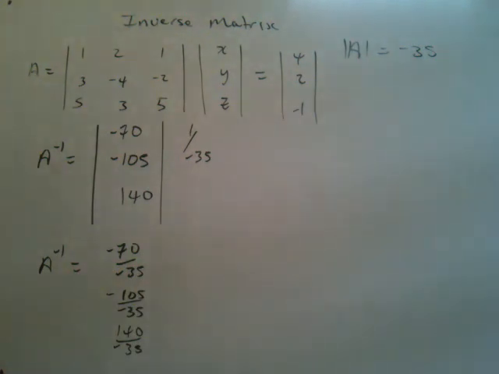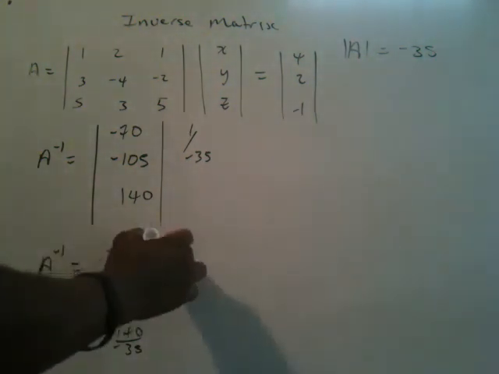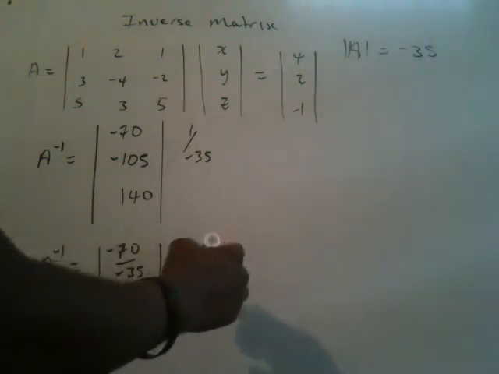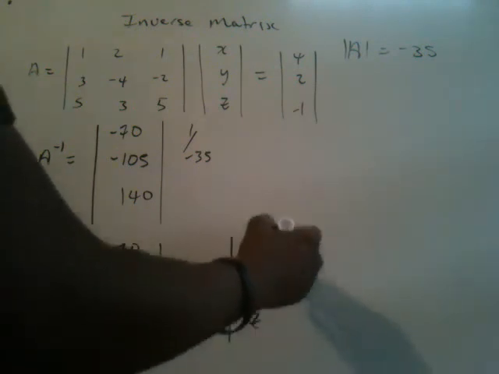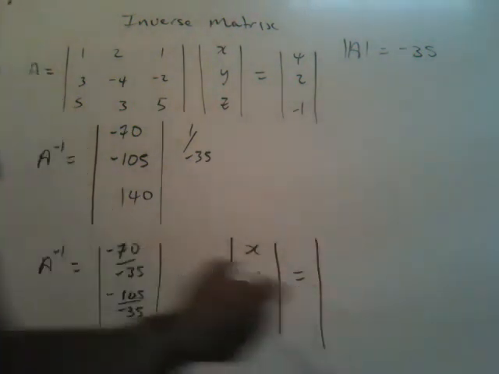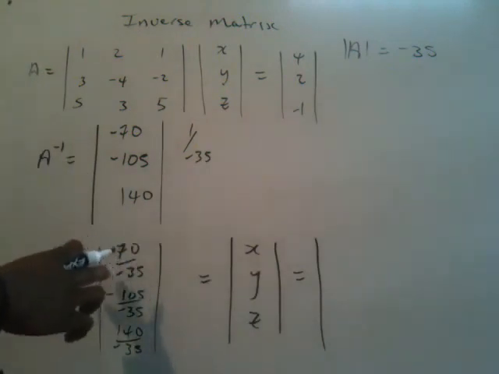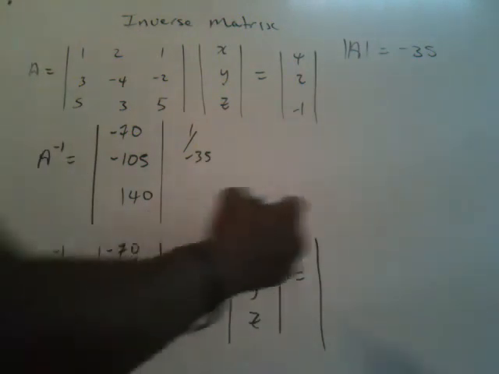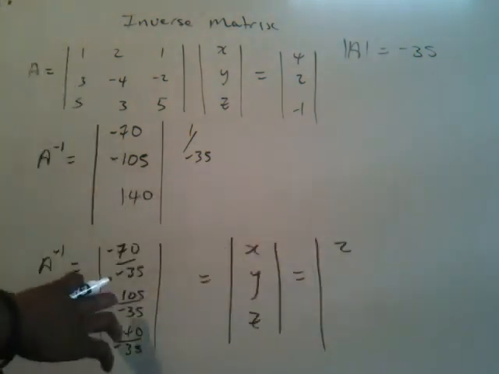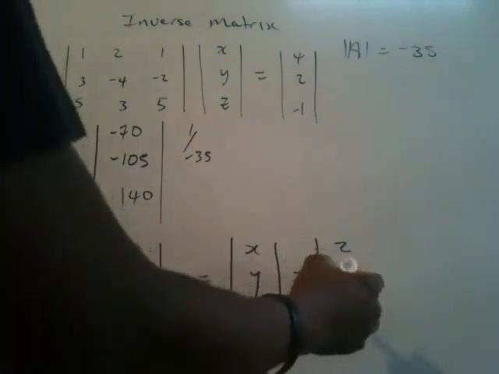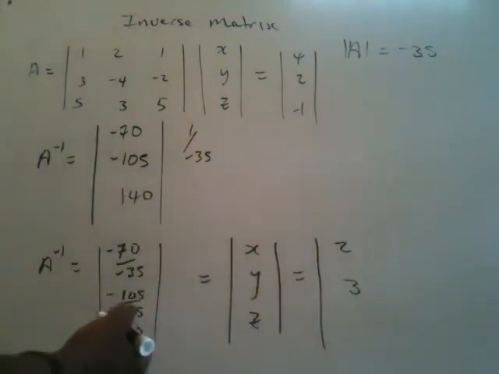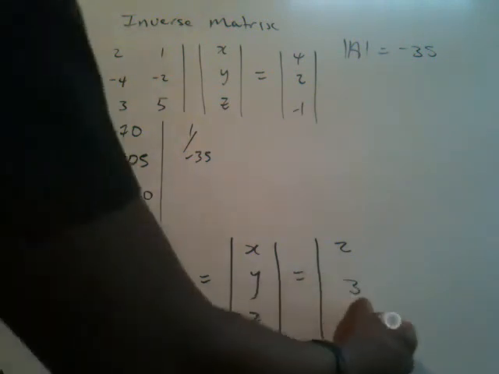For the result, we have x, y, and z equal to 70 divided by 35, which gives us 2, 105 divided by 35 leaves us with 3, and 140 divided by -35 gives us -4.